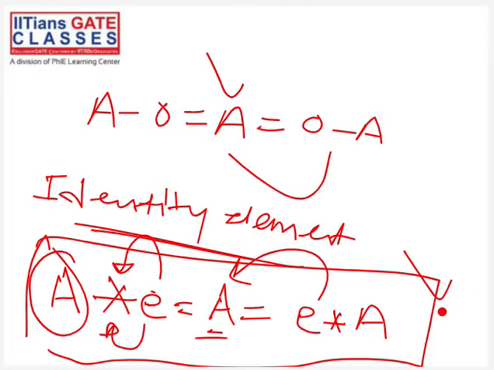Similarly for identity element, if you want to check whether there is an identity element or not, you can just check A star E is equal to A is equal to E star A. If this is satisfied, then this E will be called identity element for this star operation. So yes, Bhavya was correct, no element, because for subtraction operation this 0 is not an identity element, because 0 minus A is not equal to A.